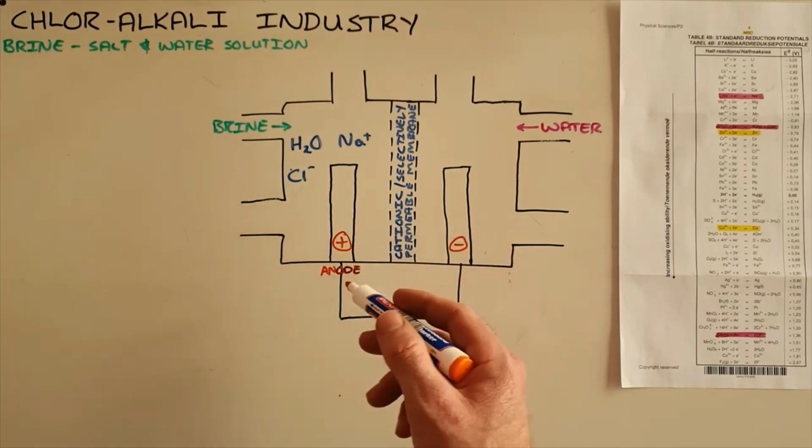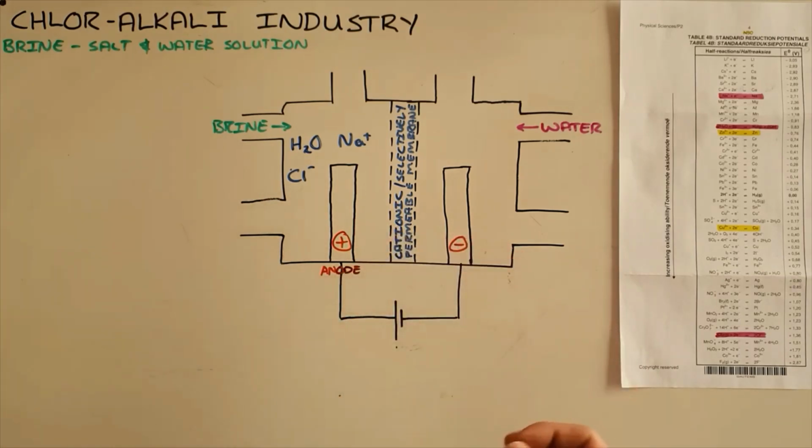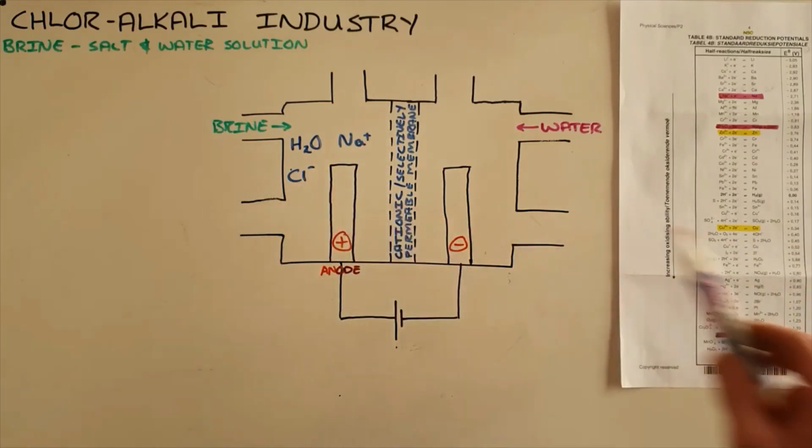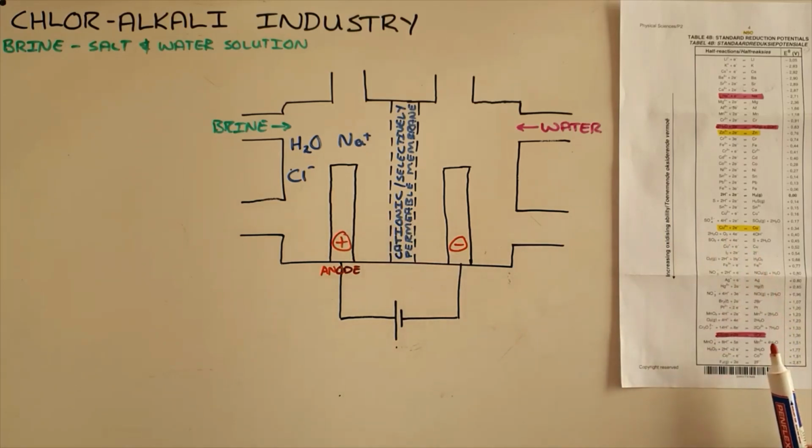we know that oxidation will always take place at the anode. And by looking at our table of standard reduction potentials, with only water, sodium ions and chlorine ions present, the only one of those particles that is able to be oxidized is chlorine.